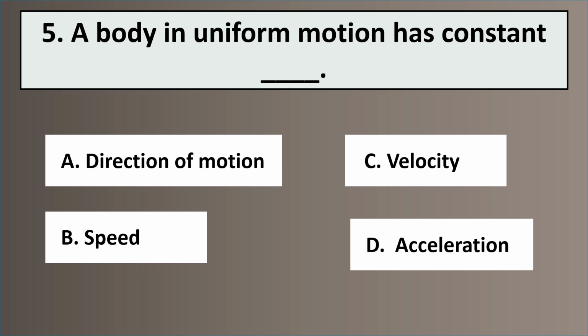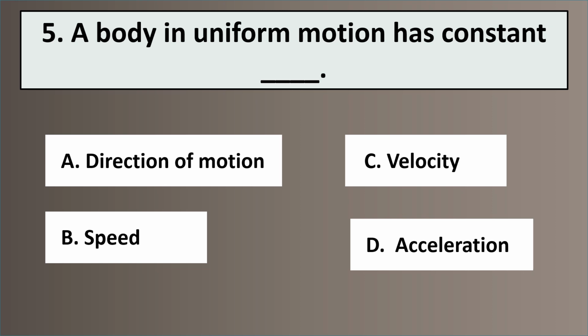Are we talking about direction of motion? So when you see a body moving in just one direction, is that considered a uniform motion? Is it only the speed that doesn't change?